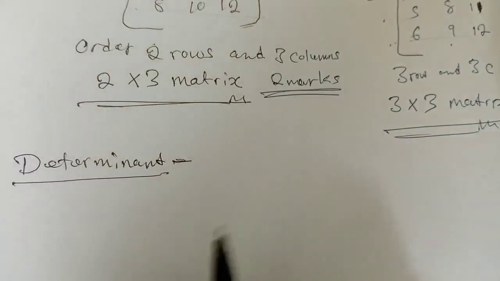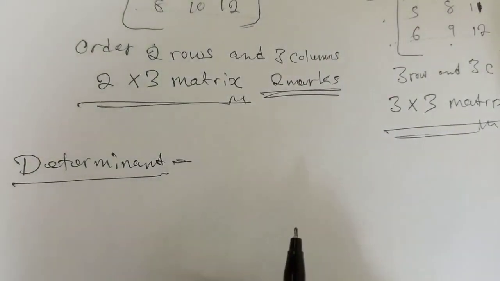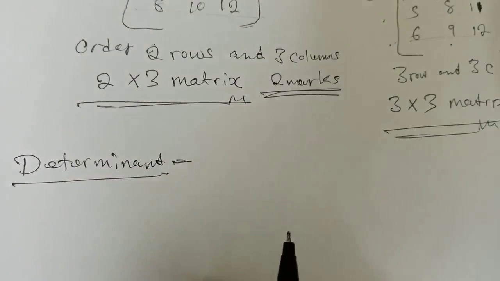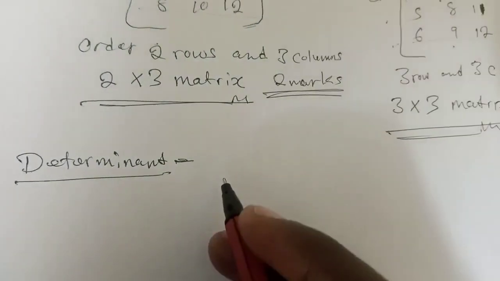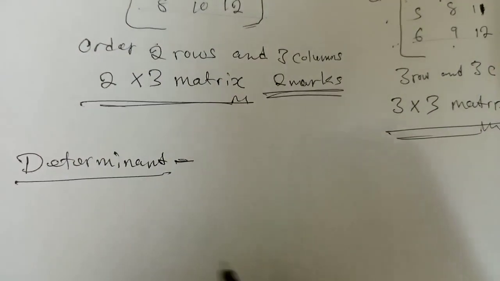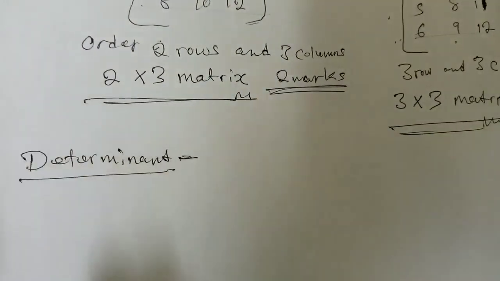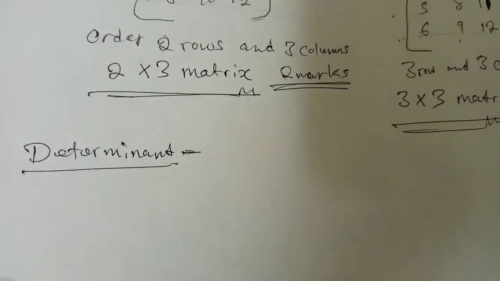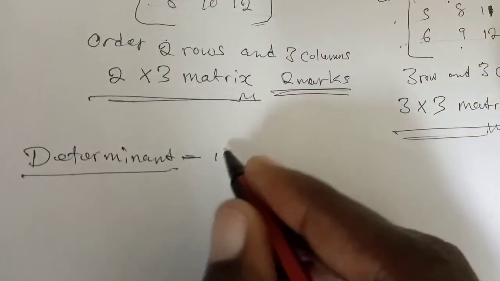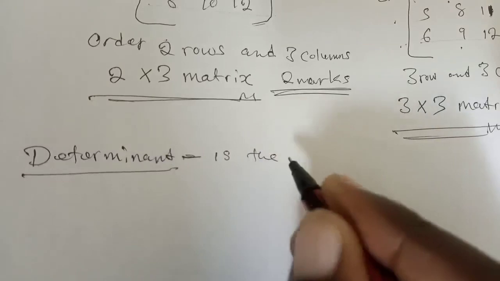So the determinant of the matrix is the difference between the major and the minor diagonal of the matrix. It is the difference between the major and the minor diagonal, okay, of the matrix.